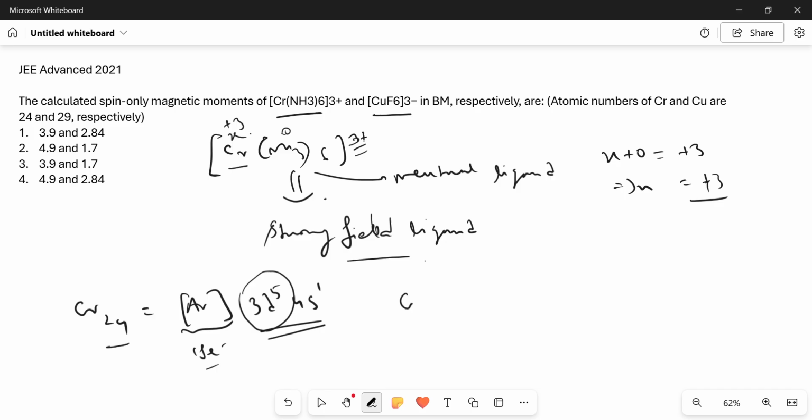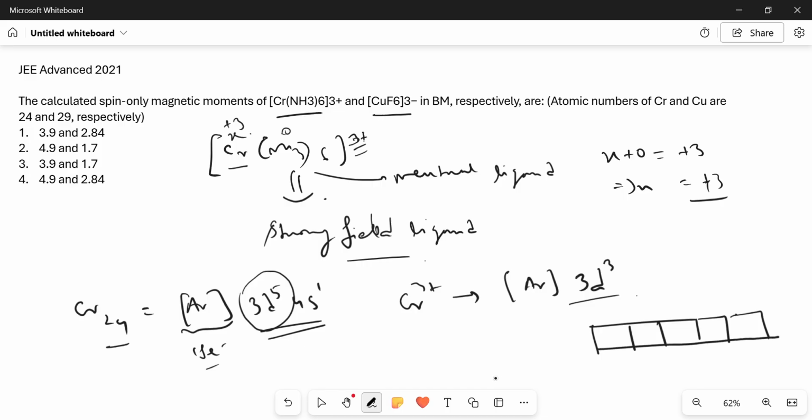Now for chromium plus 3, the electronic configuration becomes 3d3 only, because 3 electrons are removed from the outermost shell, one from 4s and two from 3d. Now if you draw the d orbitals, only 3 electrons are there.